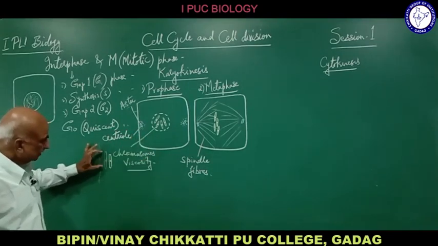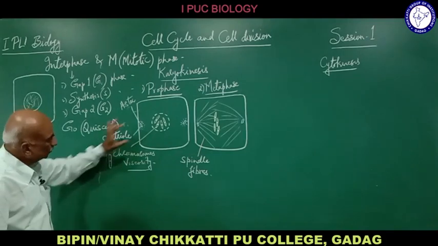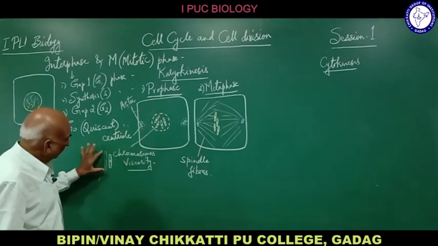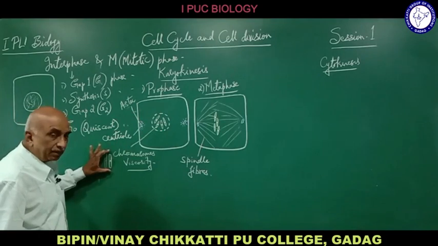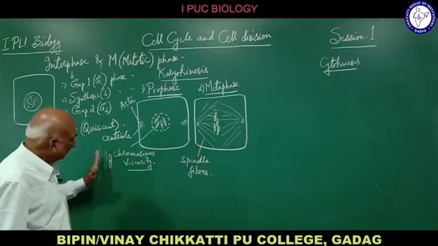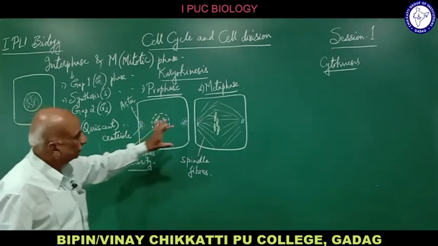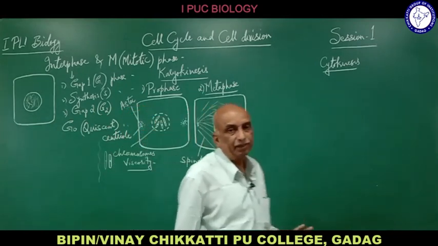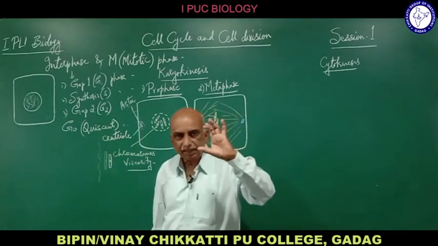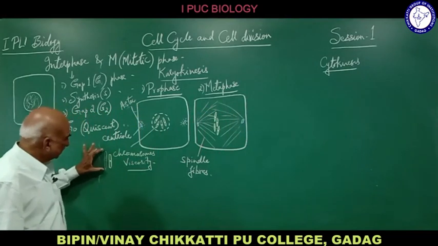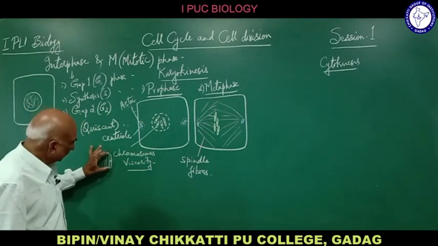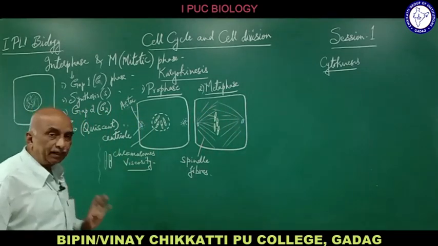It starts condensation. Of course chromosomes are seen, but the condensation still continues after prophase. So during metaphase, the condensation is complete. They are completely condensed. Here this was the chromosome, and now it is still more condensed and very clear.